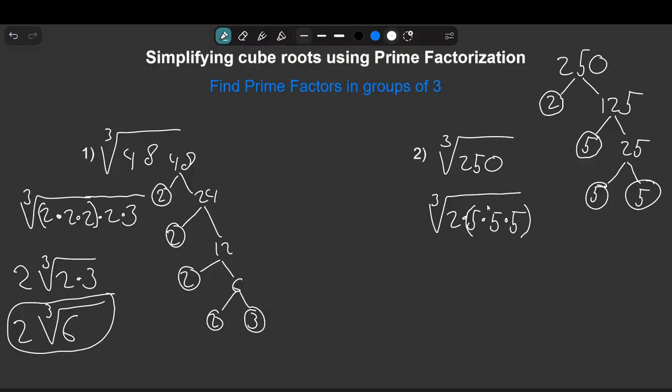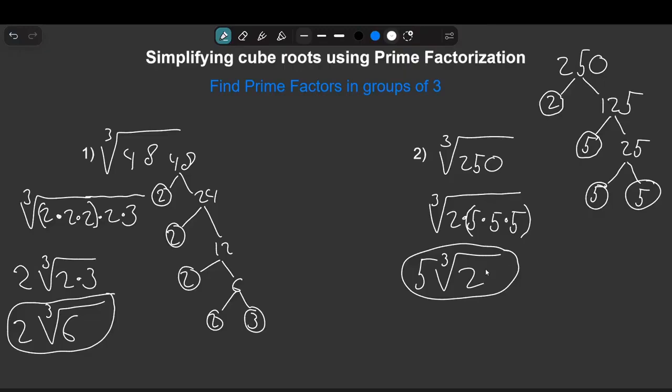So we're going to take one 5 out and rewrite further. Then we get 5 times the cube root of 2. Now we can't simplify this any further.